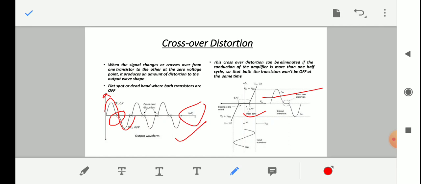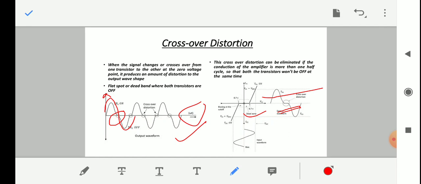So there is a voltage zone when both transistors will not conduct, and due to the non-conducting condition of these two transistors, a flat band or dead band is created at the output section, where the output current is 0 even though the input is greater than 0 volt. To eliminate this distortion, there must be some arrangement so that these transistors can conduct for more than half cycle of the input signal.